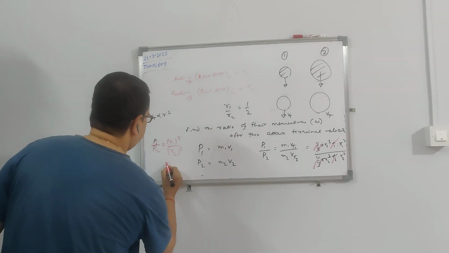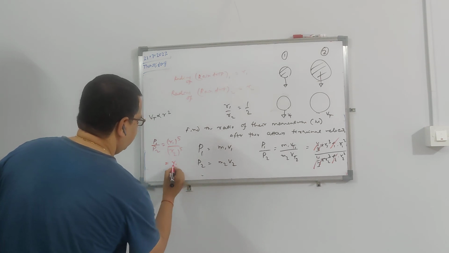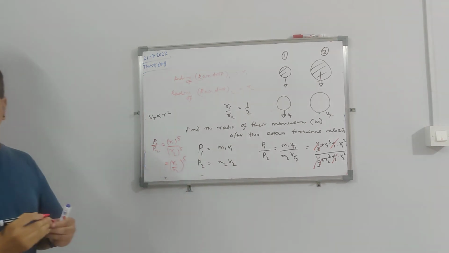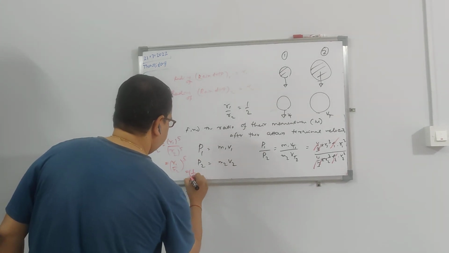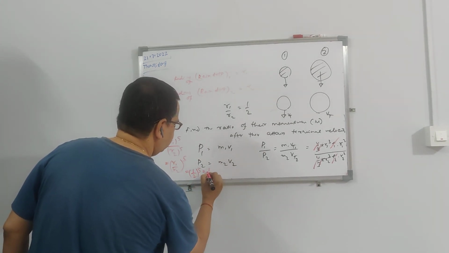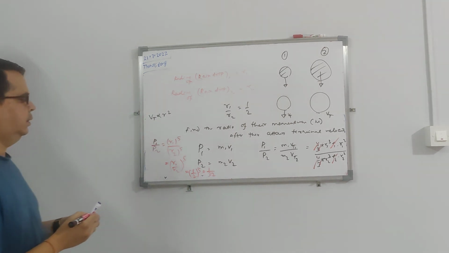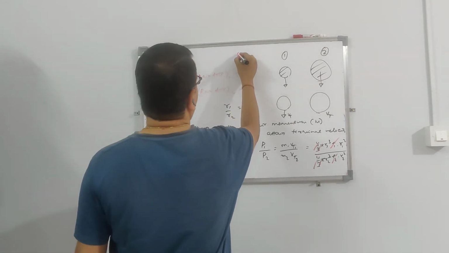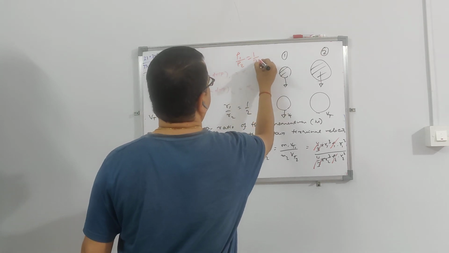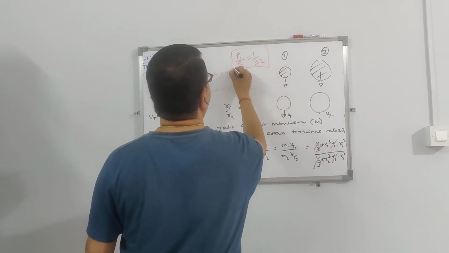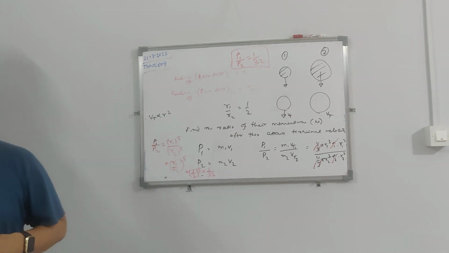So this is nothing but your R1 by R2 to the power 5. So this becomes 1 by half to the power 5, which is 1 by 32. So P1 by P2 is equal to 1 by 32. That's the answer.